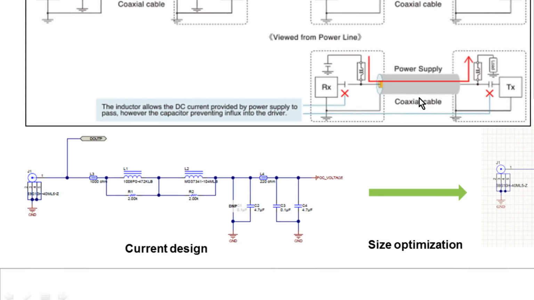Now, how do we design this inductor, which can isolate the signal and the power line? An ideal 100 microhenry inductor could work as a low pass filter with impedance greater than 1 kilo ohm at frequencies starting at 1 megahertz.